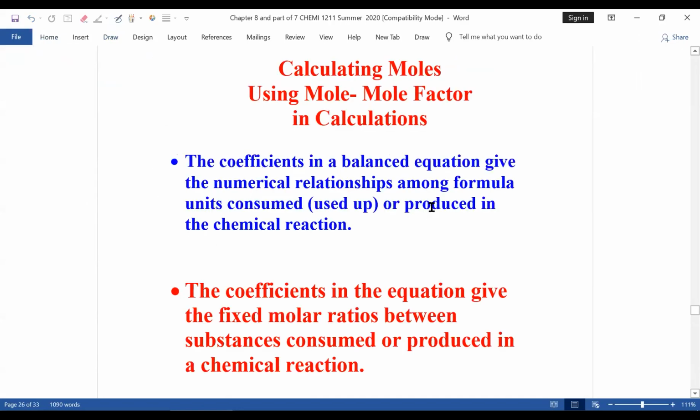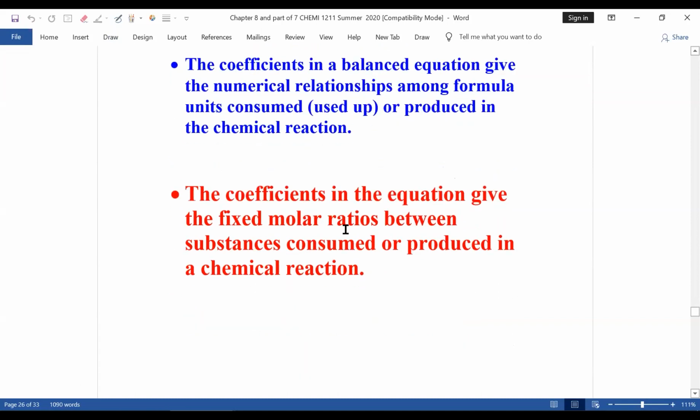The coefficients in a balanced chemical equation give the numerical relationship among the formula units consumed or produced in a chemical equation. That's in your book. A better way of doing it, which I wrote and read, the coefficients in a balanced chemical equation give the fixed molar ratios between substances consumed or produced in a chemical reaction.